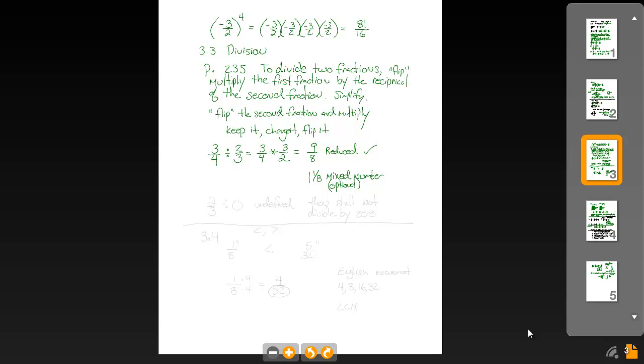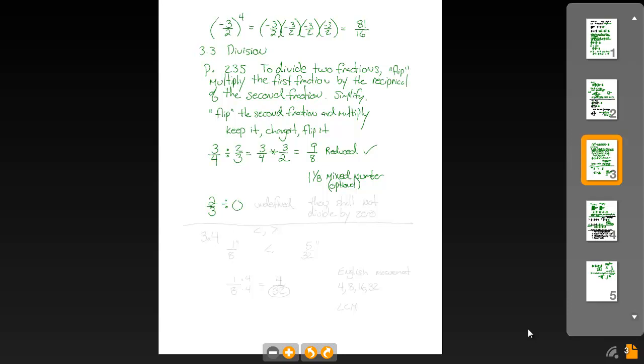That's it. That's the chapter. That's one whole chapter clicked off. If you keep it, change it, flip it, you get a whole bunch of multiplication practice. There's one to remember. It doesn't change anything from what we've talked about before.